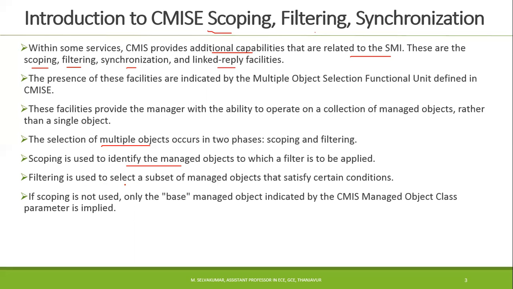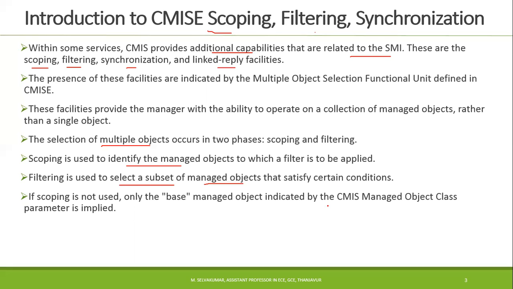Filtering is used to select a subset of the managed objects that satisfy certain conditions. For example, scoping identifies a class, such as the third year or the final year.